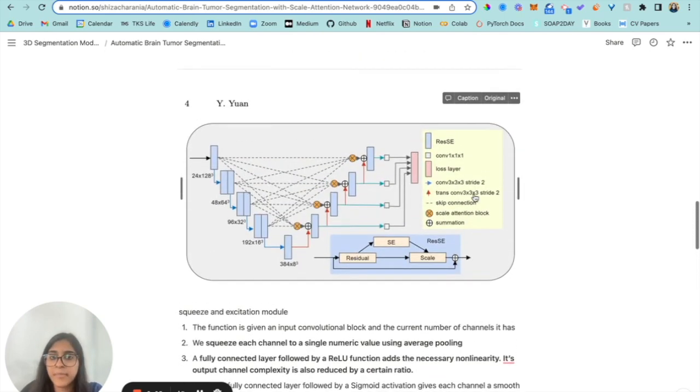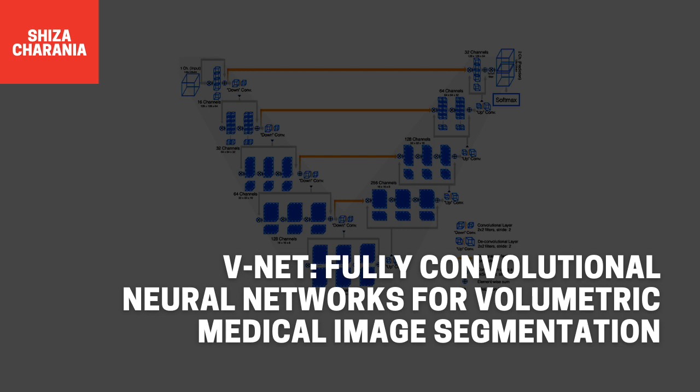And that's essentially what's happening over here, where you go through the scale attention block, then the summation, and then you move on to the model. And then all of these combined, you get the output, which you can then compare the loss and try to do the backpropagation stuff for that just to make the model more accurate. So that was this research paper.